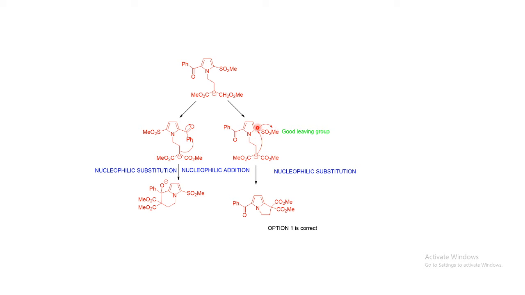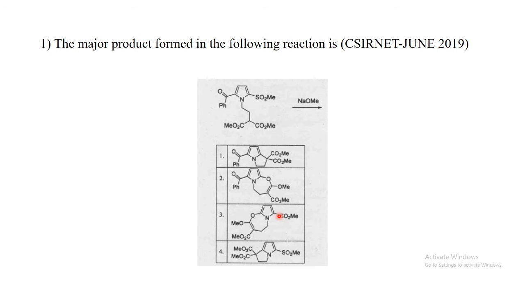So after the leaving group has departed, we can see that there will be the formation of a 5-membered ring, right? So this is the most likely product that is to be formed. So option 1 is correct in this case. Option 1 is correct, right?